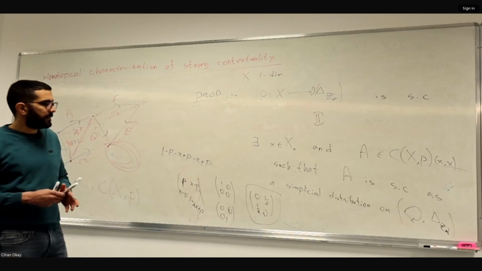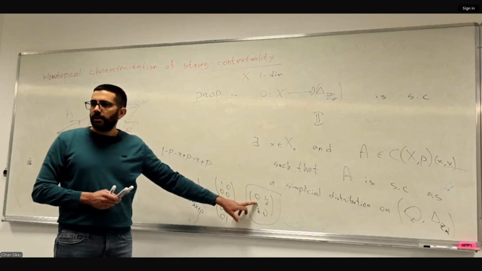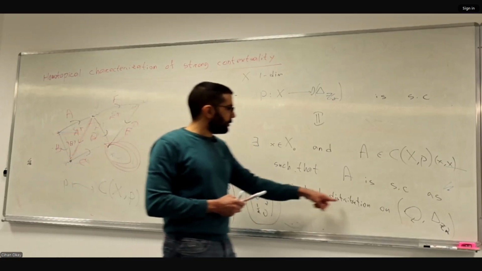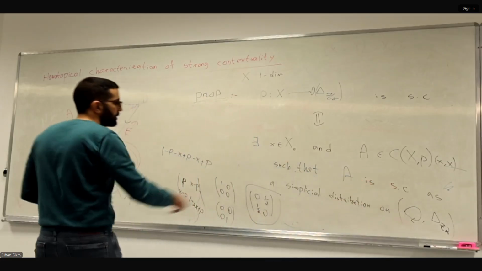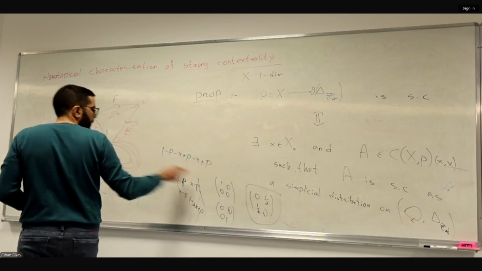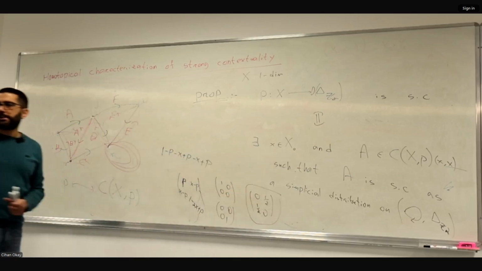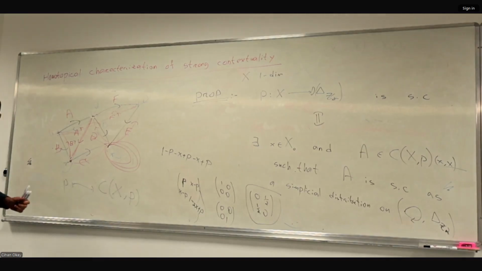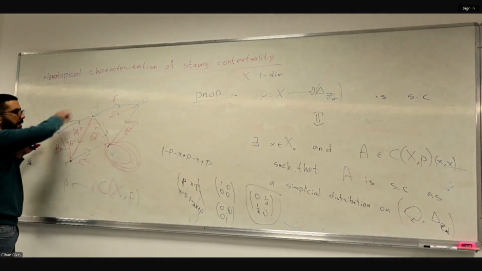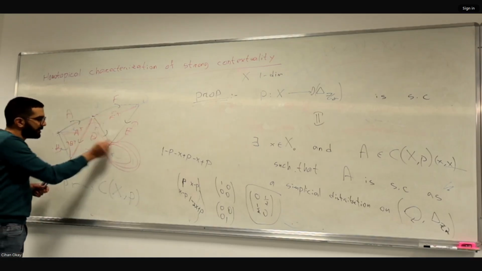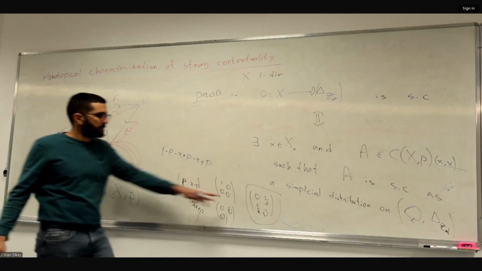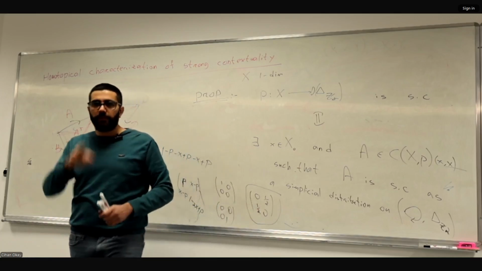It's easy to see that this holds if and only if we have this on one circle, this distribution on one circle. If I take all the products, I can get this in some endomorphism, then it's strongly contextual, if and only if, yes.